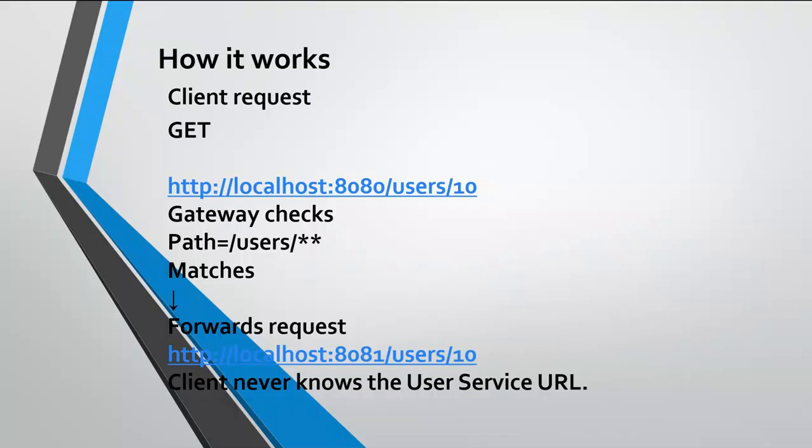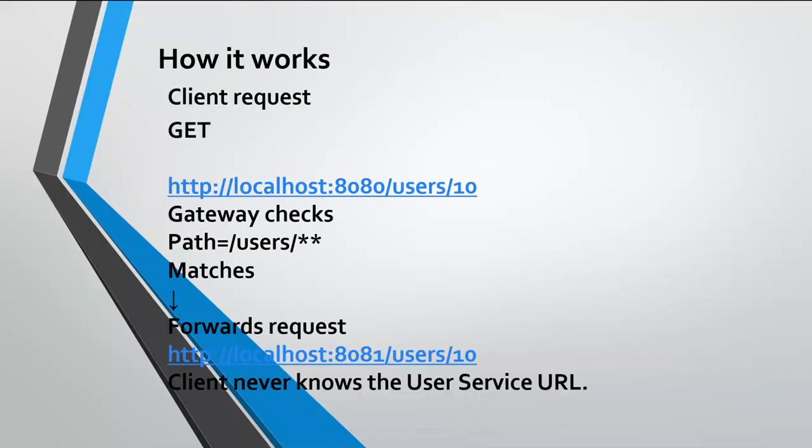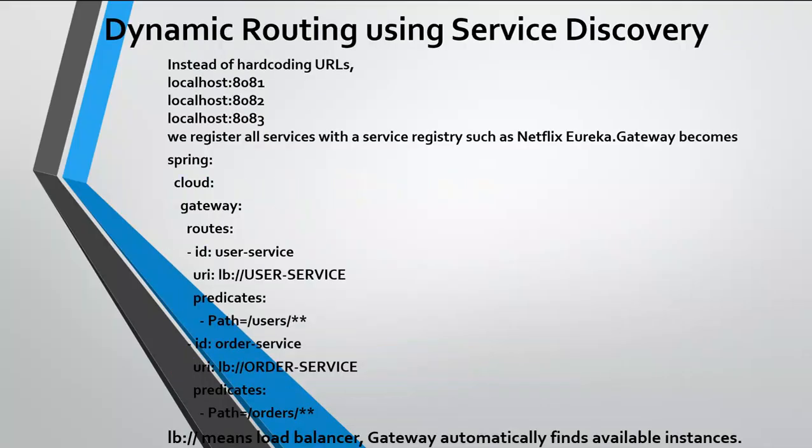The client request comes, then the gateway checks the path users, which we have mentioned here, path equal to users in that pattern. Then it matches, then forwards the request to localhost 8081 users 10. So the client doesn't know the user service URL, because the pattern is matching. Okay.